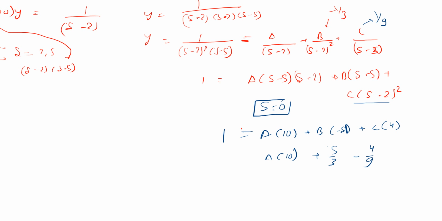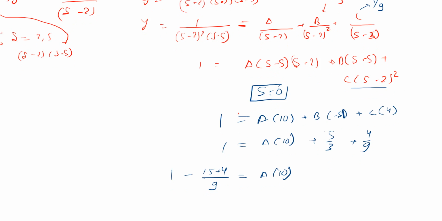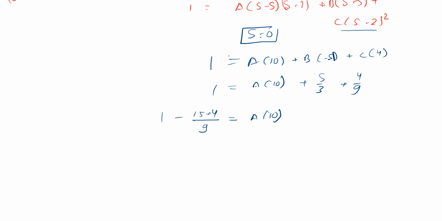Overall we will get 15 plus 4 over 9, that is 19 over 9, and this equals 10a. So we'll get 10a equal to 10 minus 19 over 9, that is 10 over 9, and the 10 gets cancelled here, so a equals minus 1 over 9.